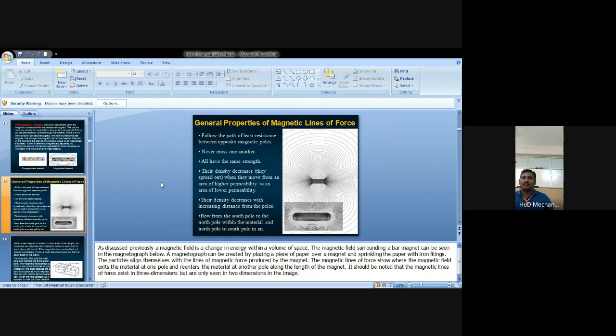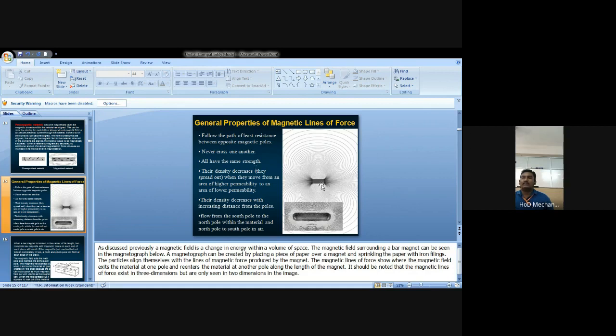The particles align themselves with the lines of magnetic force produced by the magnet. The magnetic lines of force show where the magnetic field exits the material at one pole and re-enters the material at another pole along the length of the magnet. See the video picture.